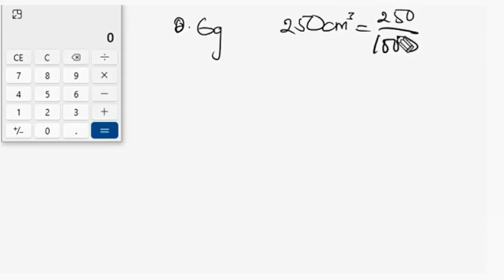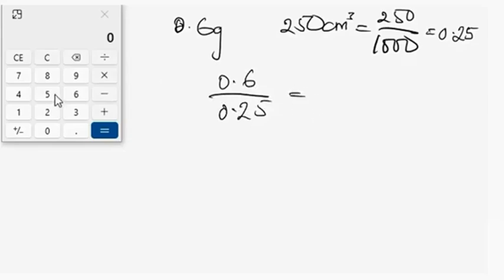Remember, we stated earlier on that 1 dm cube is 1000 cm cube. So with this, that's 0.25 dm cube. So guys, having our mass concentration as mass over volume, we have 0.6 over 0.25.